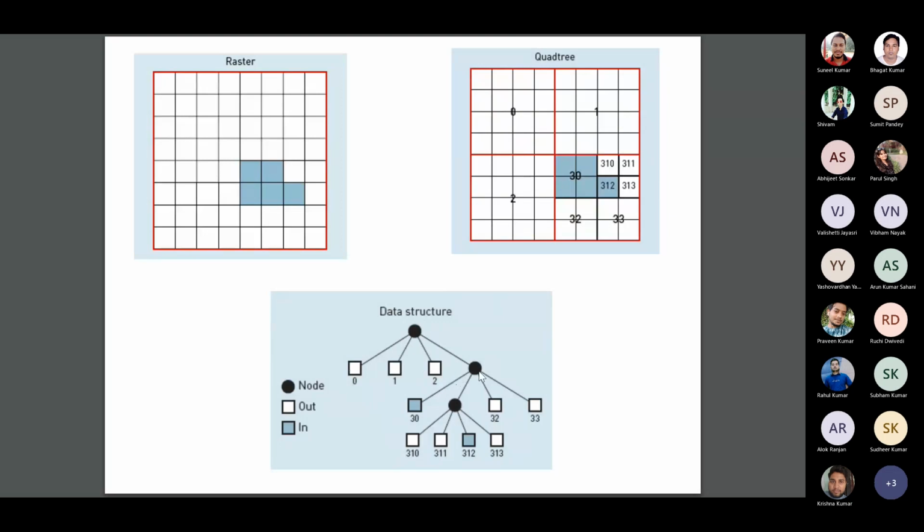But the last one is again a parent, and from this one, 4 nodes come out. The first one has all the same values, so it will not be divided further. The second one has different values, therefore it is further divided into 4 parts, and the rest of them are the same.